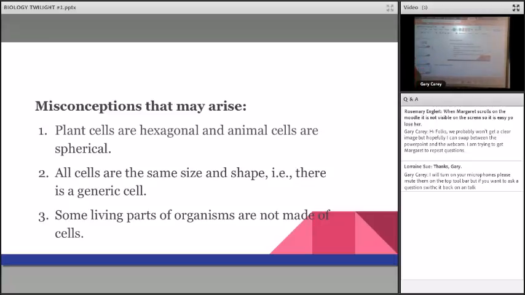So that, to me, we can work with that in junior school when we do cells in year 7, if we can get them out of that habit so that they understand cells come in lots of different shapes. But while they do come in different shapes, there is a generic pattern to that.